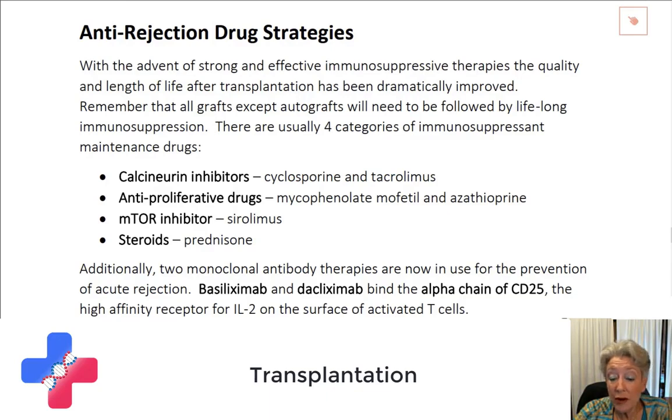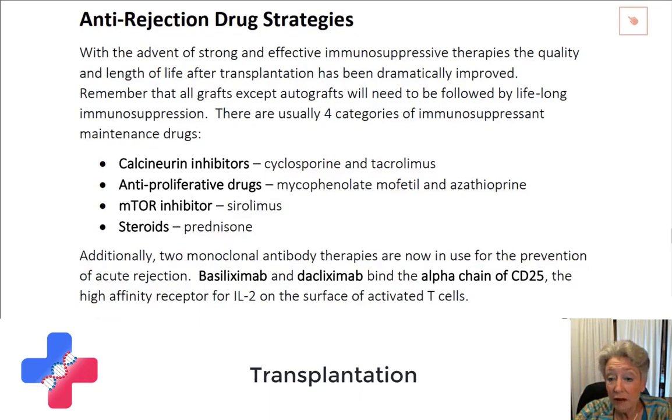Anti-rejection drug strategies are very similar to those that we mentioned with hypersensitivities. We have to basically immunosuppress the patient for life. Even in the case of lifelong immunosuppression, we eventually will have damage to the tissue, but we can keep it to a minimum. And we typically use 4 categories of maintenance drugs.